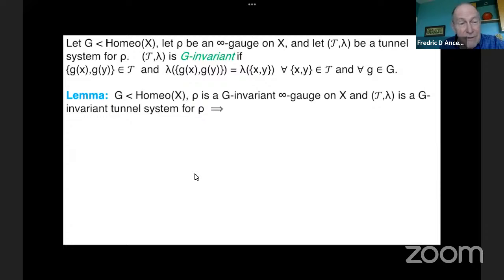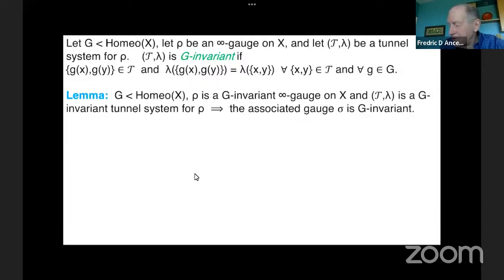And then the appropriate lemma here is that if I come up with a G invariant infinity gauge and I have a G invariant tunnel system, and I create this finite value gauge from them, it will also be G invariant.